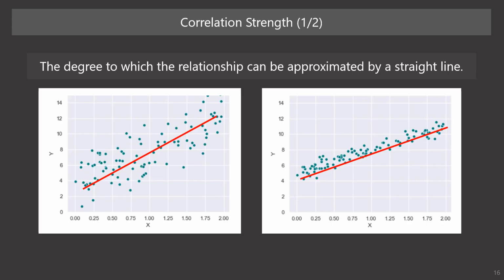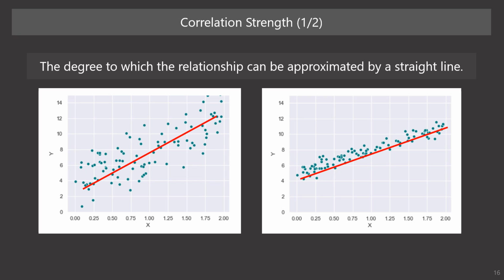And as I noted, the correlation strength is the degree to which the relationship between two variables can be approximated by a straight line. Let's look at these scatter plots. In the left plot, the dots are widely dispersed from the approximation straight line. In the right plot, the dots are concentrated around the straight line.